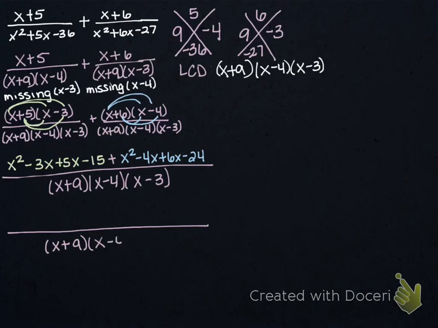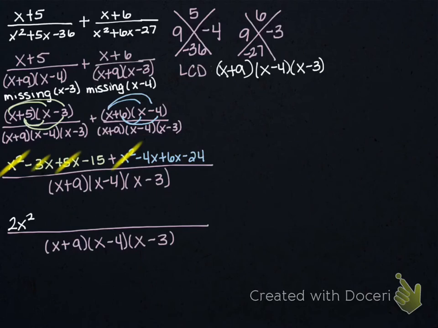And in the numerator, I need to combine all my like terms. And I like to cross out my like terms as I combine them because it makes it easier for me to keep track. So I have an x squared and I have a matching x squared. And that gives me 2x squared. Let's see, then I have a negative 3x and a positive 5x.